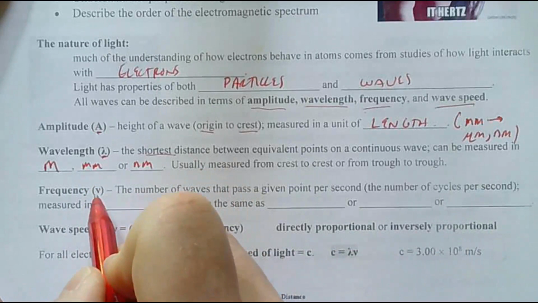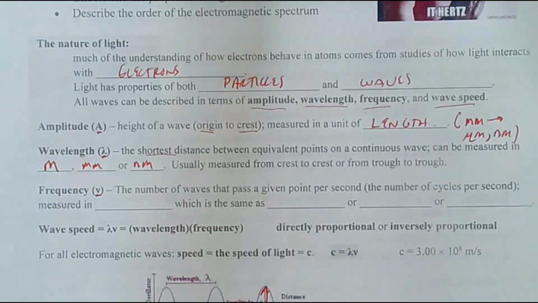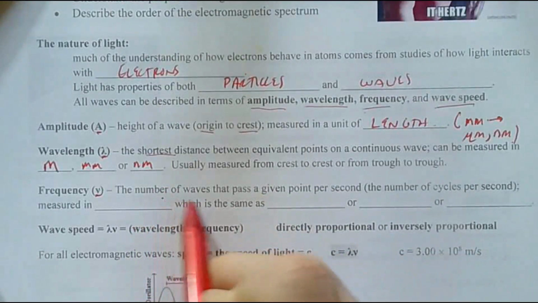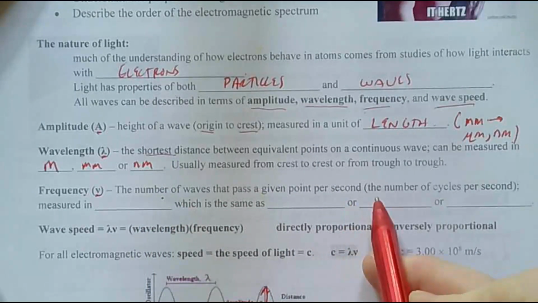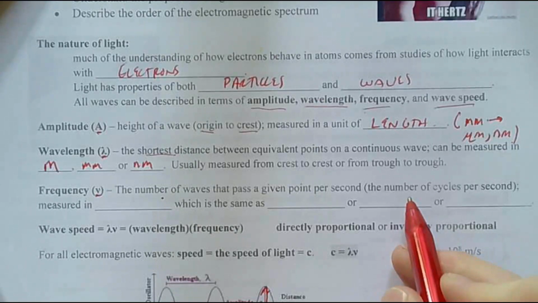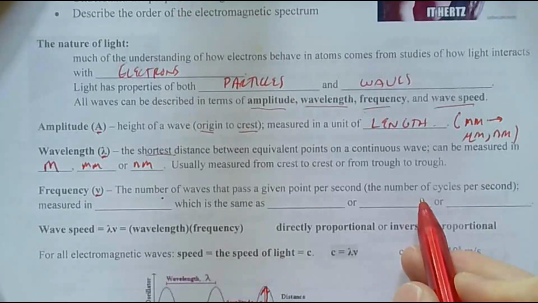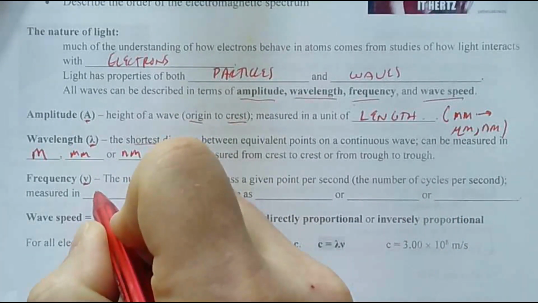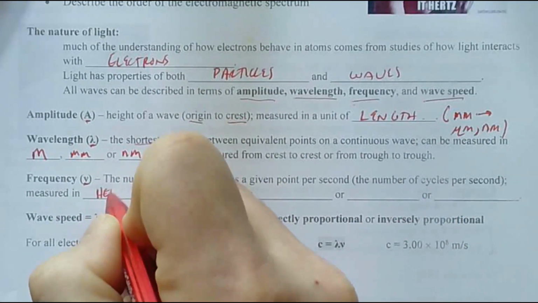Lastly, frequency is given a symbol that looks like a V, but it is the lowercase Greek letter nu. This is defined as the number of waves that pass a given point per second, or the number of cycles per second. And this is measured in a unit called hertz.